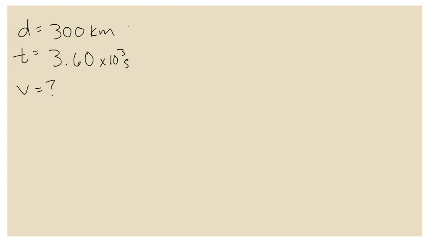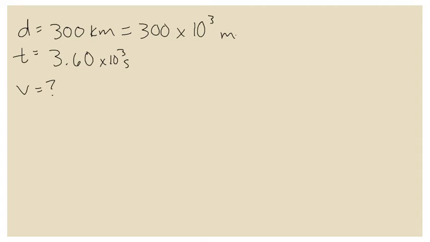We can literally just replace the abbreviation for the prefix with the appropriate power of 10. So we write 300, and then we have times 10, and kilo, if you remember, I hope so, stands for 10 to the 3. And so that means this distance is 300 times 10 to the 3 meters.